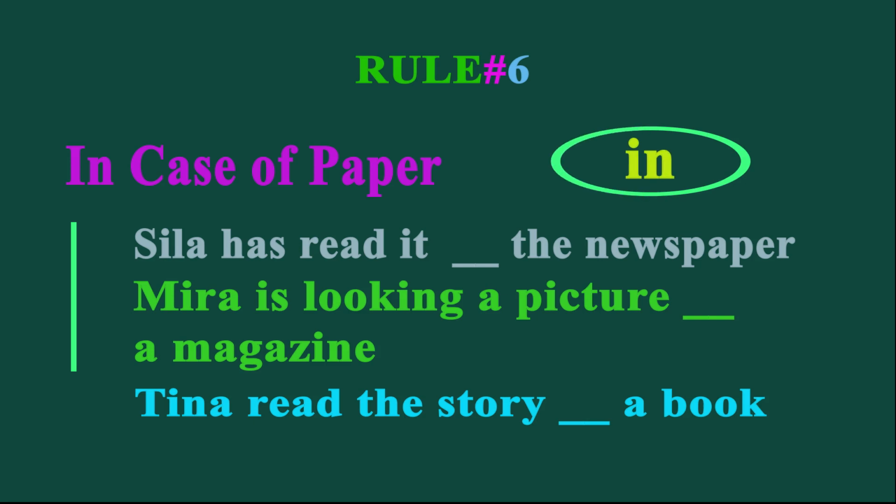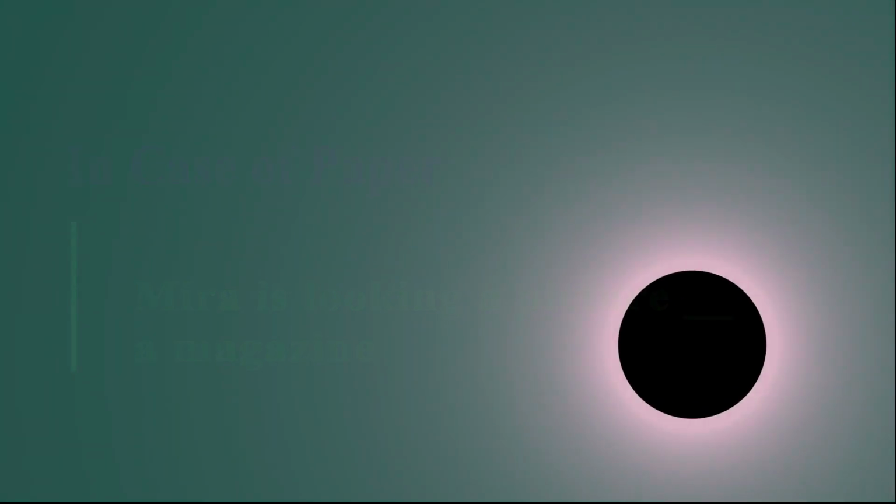Now just remember, if it is an ebook, then we have to say Tina read the story on an ebook, because we have already learned in our earlier class about electronic devices. So in is used for papers.